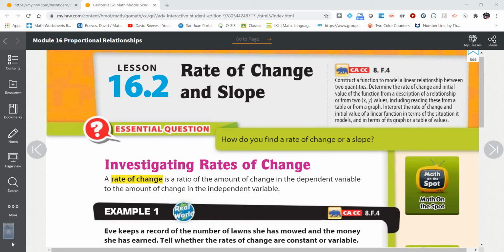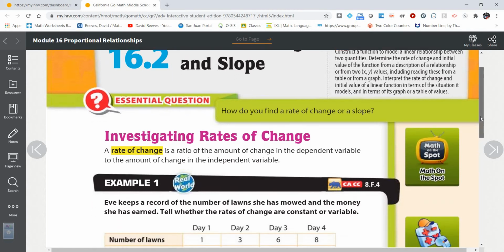So we talked about things like miles per hour and feet per second and dollars per ounce and such things. And a unit rate was where that second quantity of the ratio was 1. So if we went 30 miles in 6 days, we would say as a unit rate we went 5 miles in 1 day. Okay? All right, so a rate of change is a little bit different with a rate.